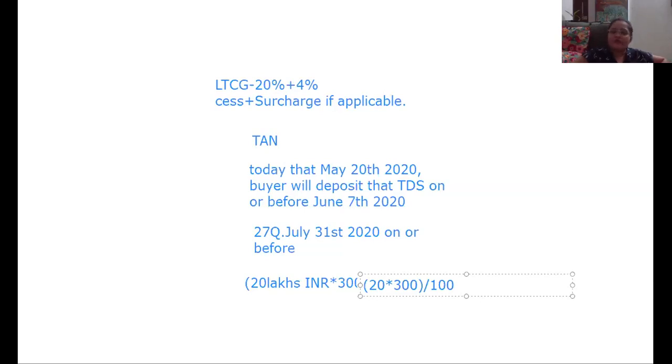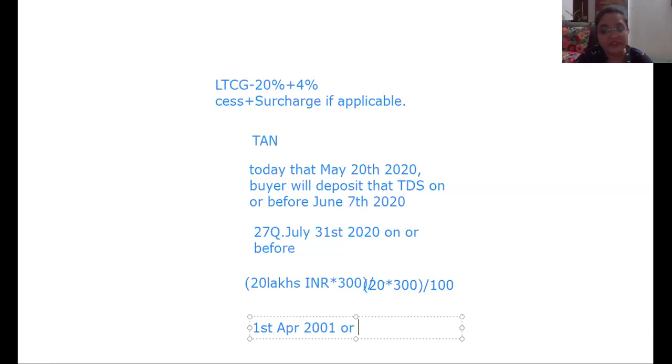Okay, now what if the property was purchased before 2001? Then the seller has two options. Either he has to go for the valuation of the property as on 1st April 2001, or he has the option to take the value of the property as per his cost of acquisition.